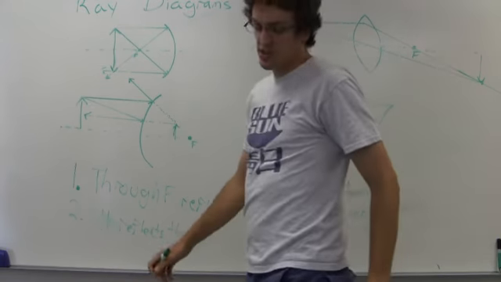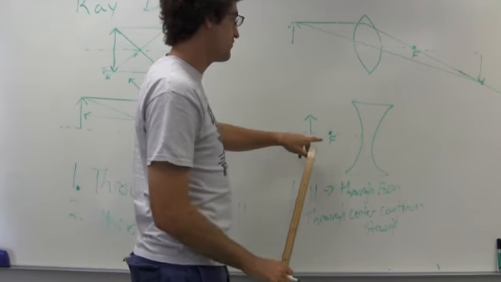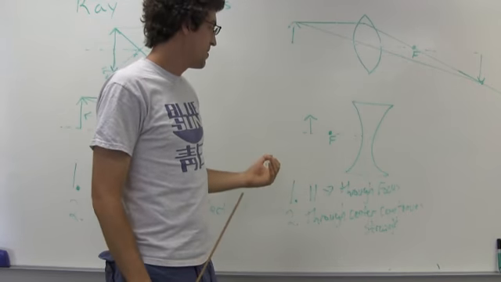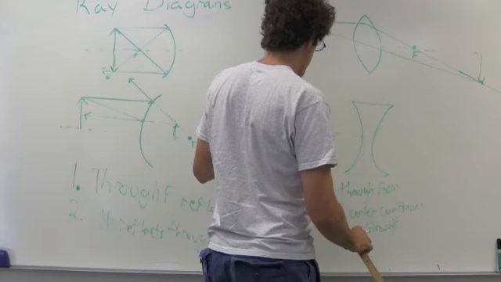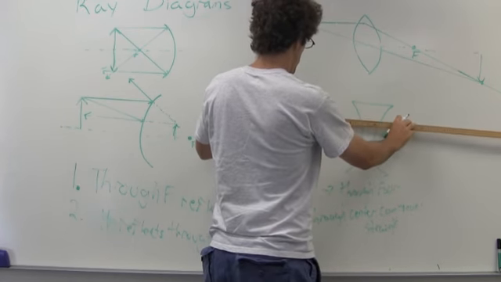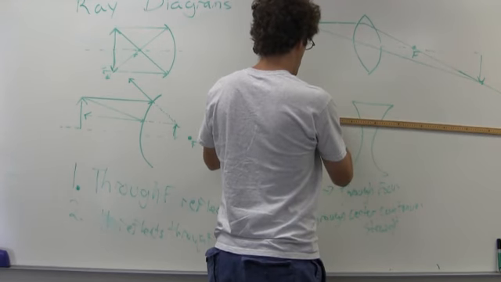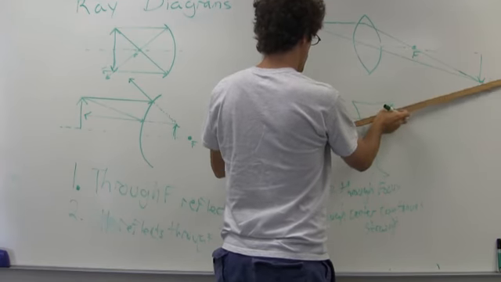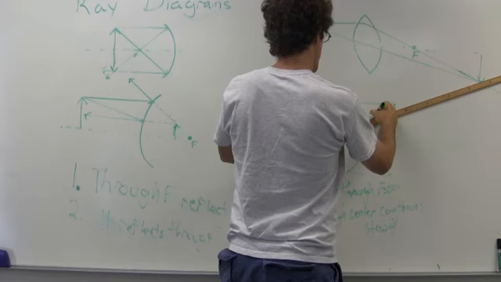Finally, we have the diverging lens. In this case, the focal point is on the same side as the image. That shouldn't affect what we do. We're still going to go parallel, and then it's going to diverge and spread out a bit.